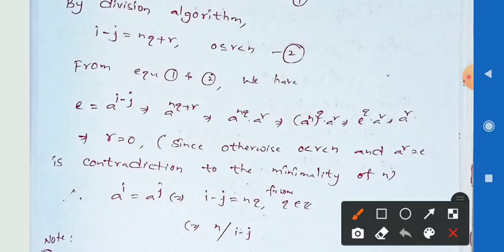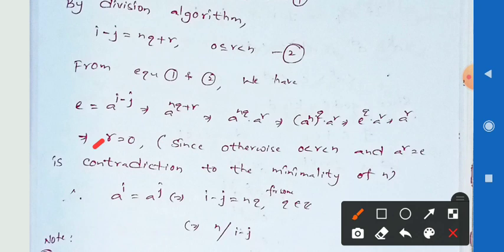Why? Because by the division algorithm, otherwise 0 < r < n and a^r = e, therefore it is a contradiction to minimality.